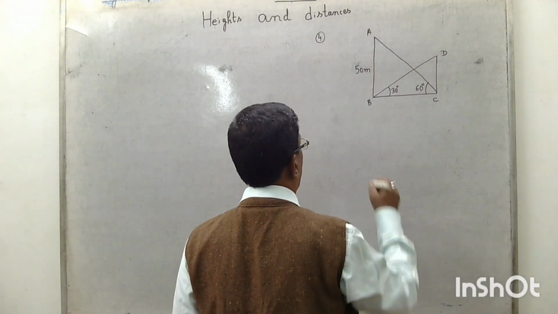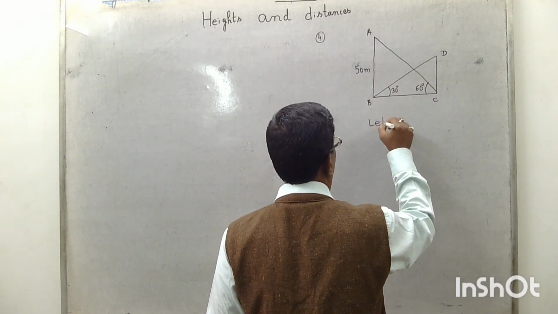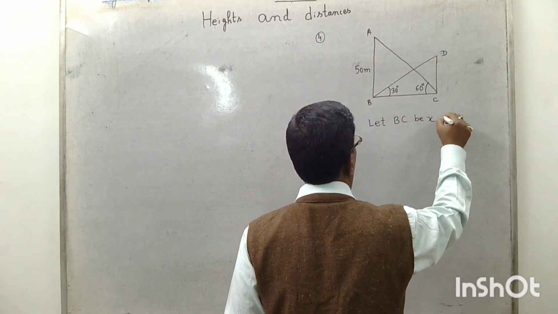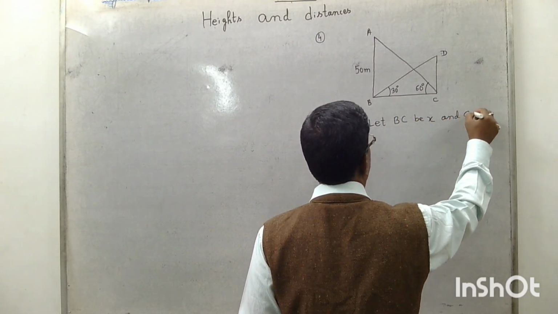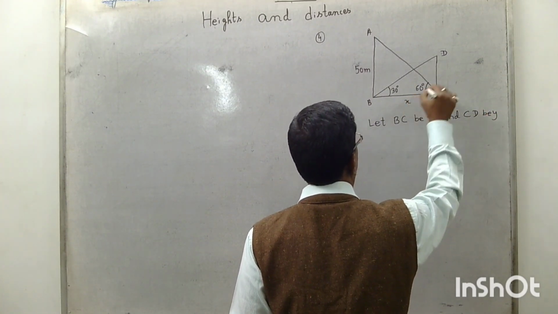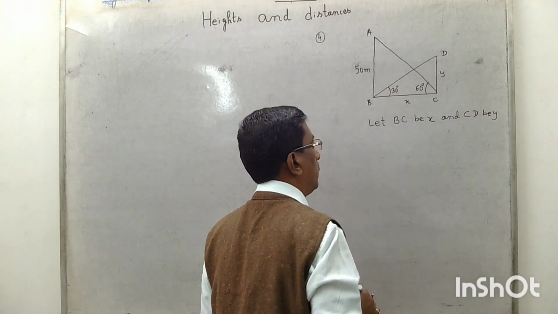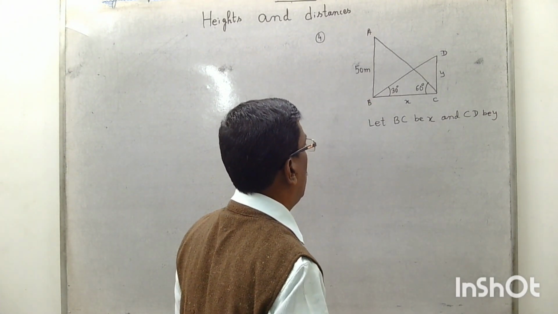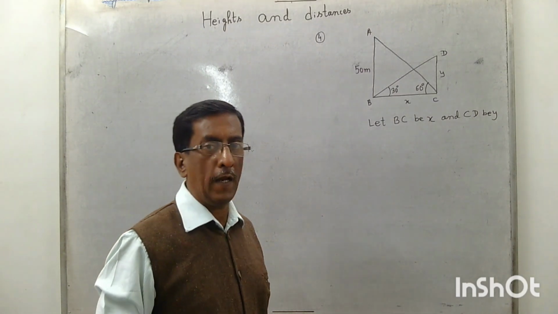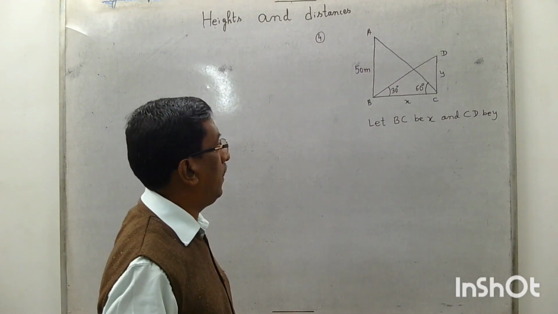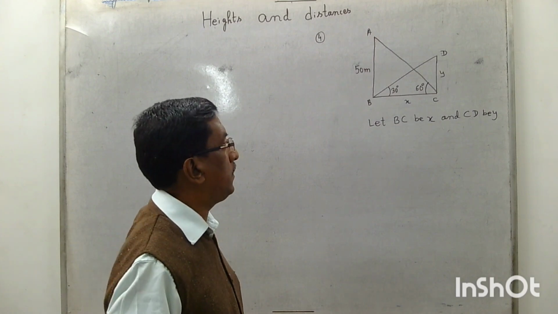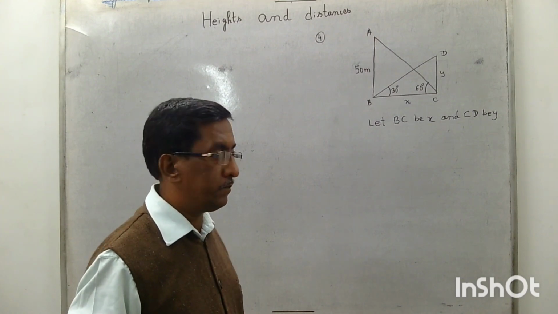So let BC be X and CD be Y. This is X and this is Y. Of course, angle B and angle C are two right angles. So triangle ABC is a right angle triangle and BCD is also a right angle triangle.